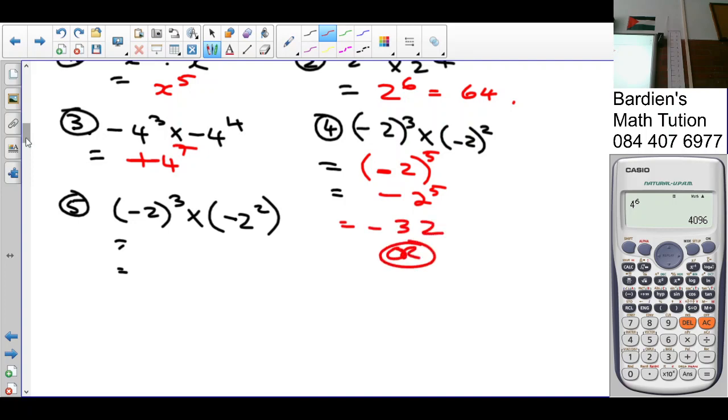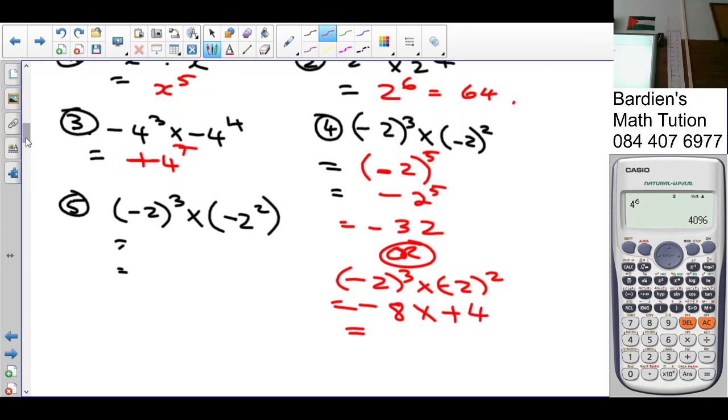Or we're going to say negative 2 cubed times negative 2 squared. What is negative to an odd exponent? Negative. 2 cubed is 8, times negative squared is positive, 2 squared.